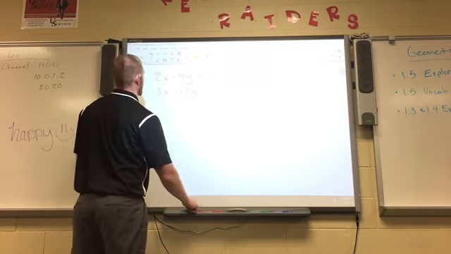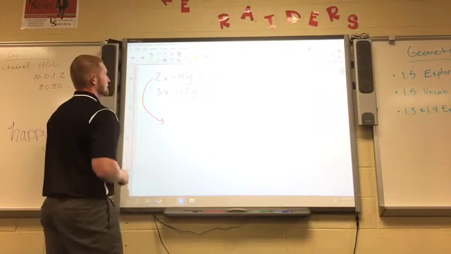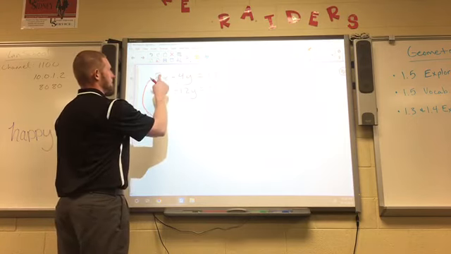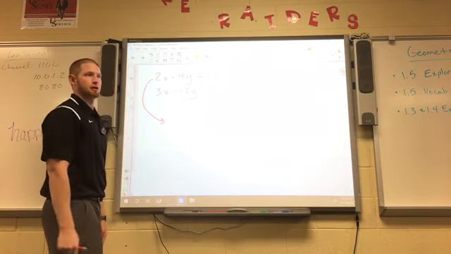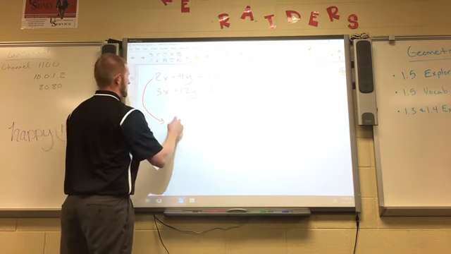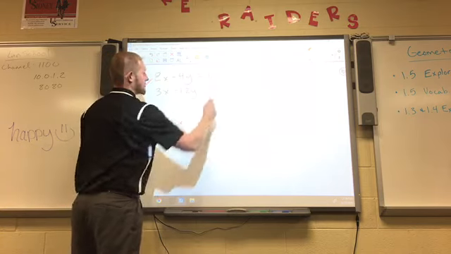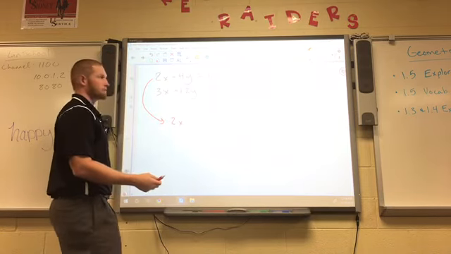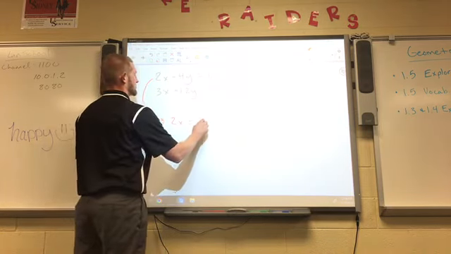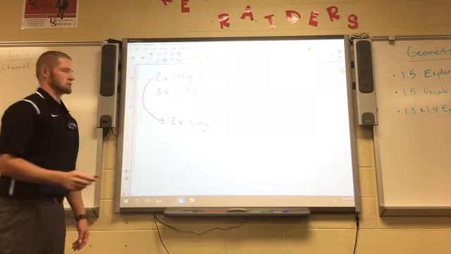So I'm going to take this top equation and solve for x, just because I like to solve for x first. Again, it doesn't matter which variable you solve for first. So I'm going to do 2x, and I'm going to move my 4y to the other side because I got to get x by itself. So 2x equals 4y plus 12. Everybody with me so far?